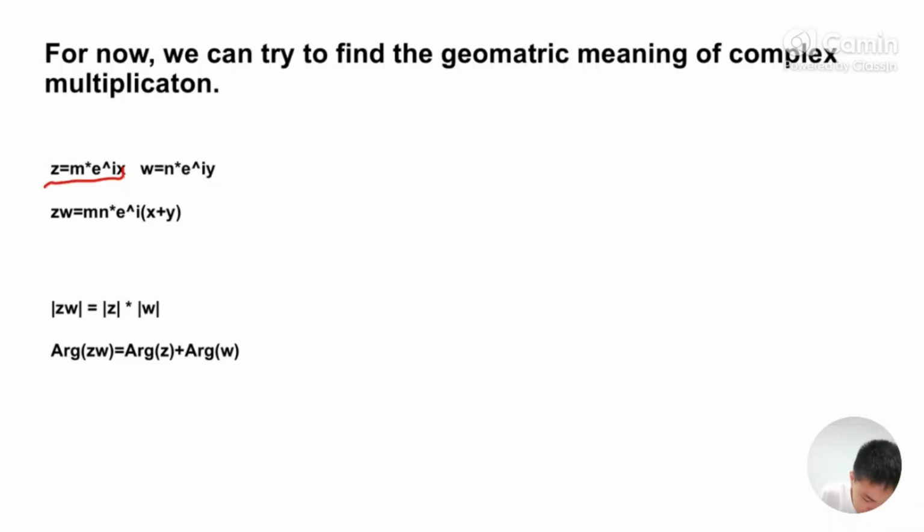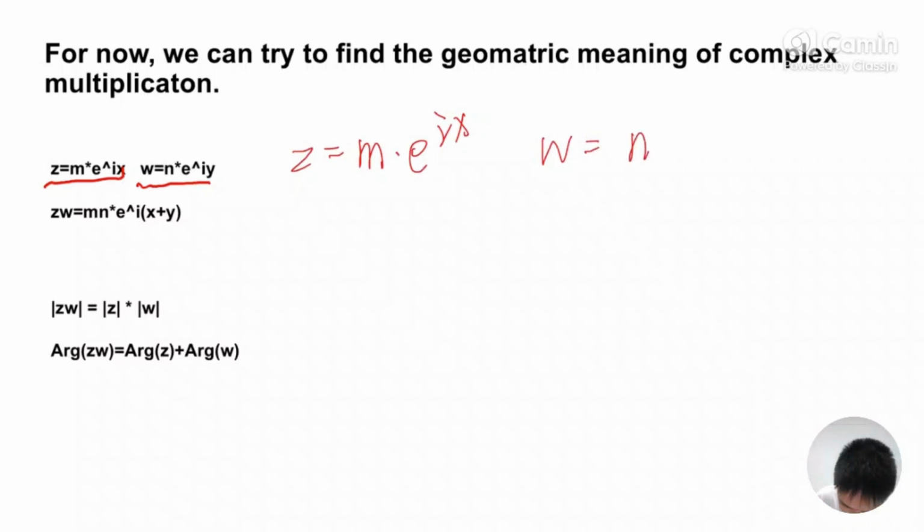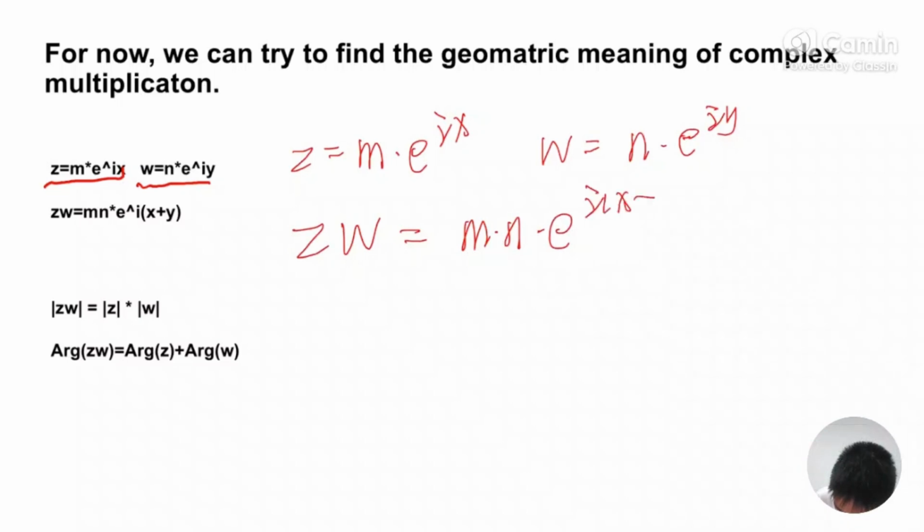z is a complex number, w is a complex number, so zw is this complex number.